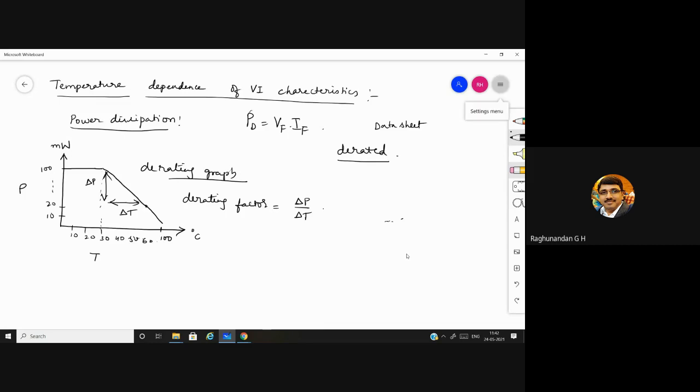After this, we have junction capacitance. I was telling you the diode is going to have the characteristics of a battery, capacitor, and resistor. Till now we have studied resistor characteristics.